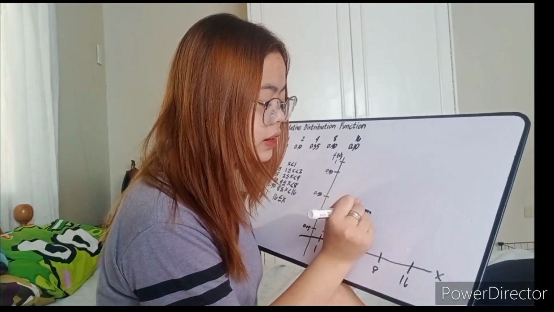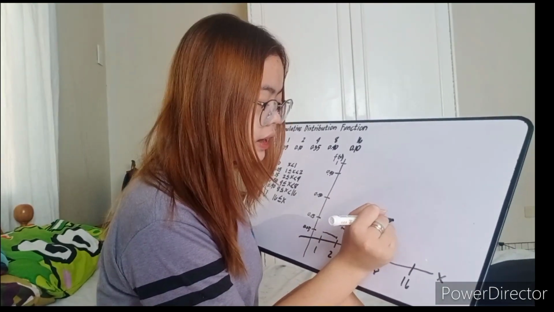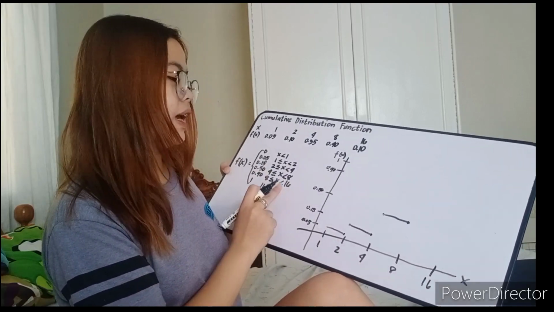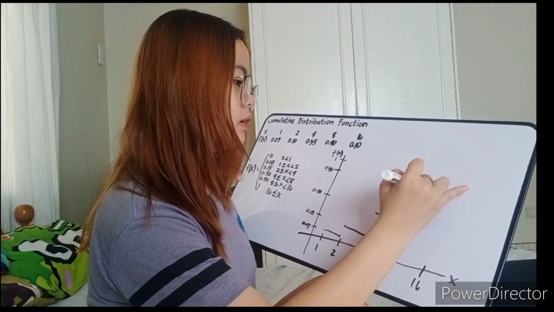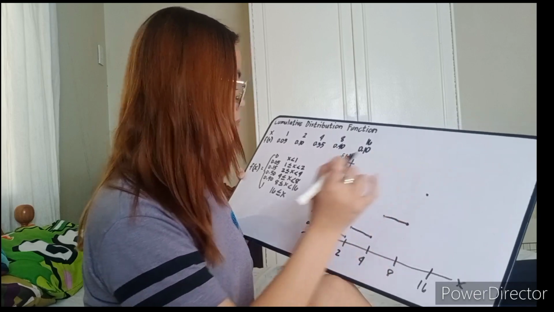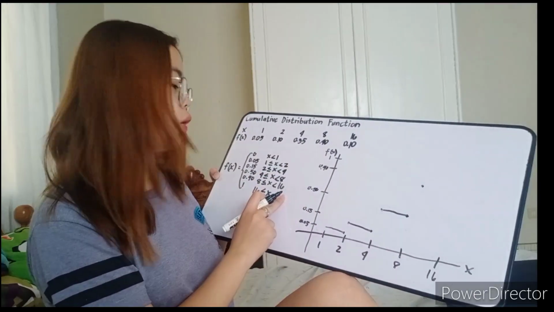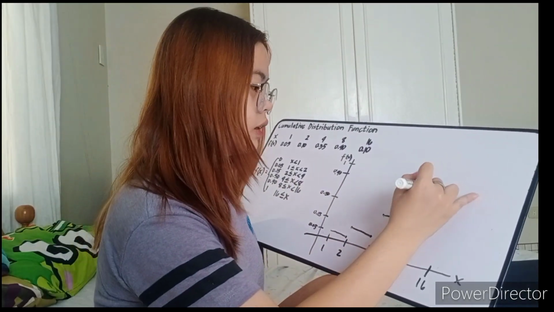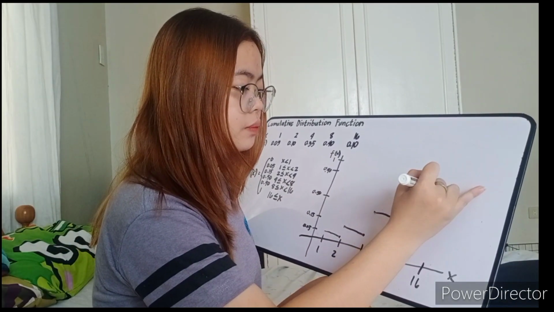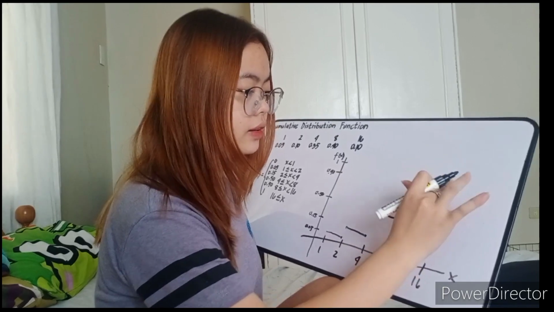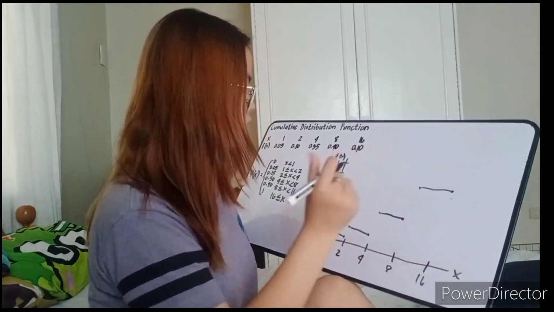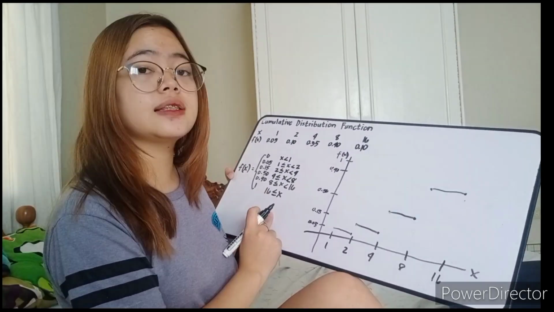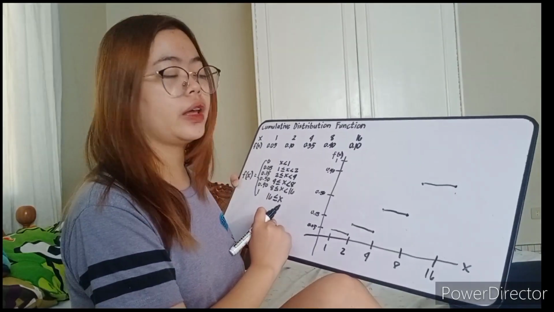So, hanggang dito lang din siya bago mag-8. For our 0.90, let's start with 8. It's less than or equal to X, but less than 16. So, mag-stop din siya bago mag-16. Lastly, for our 1, 16 is less than or equal to X.